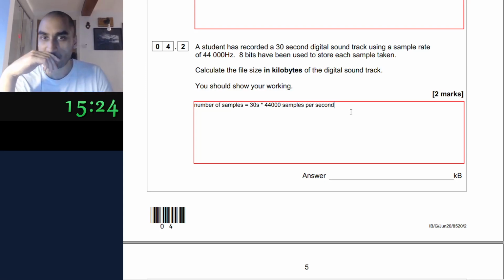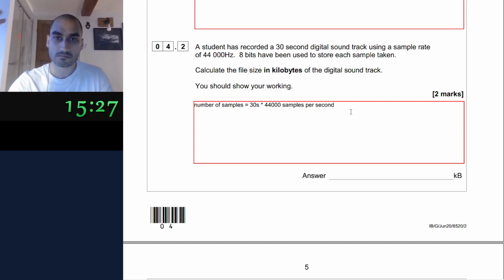Equals that. So each of those uses 8 bits, 1 byte.